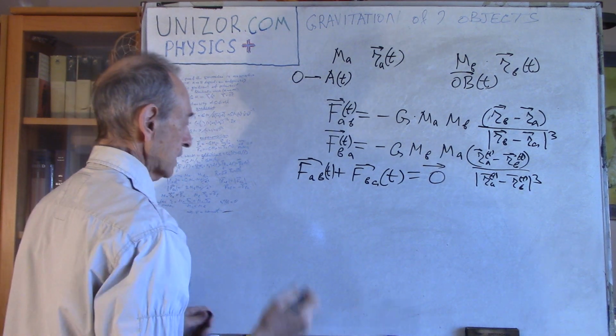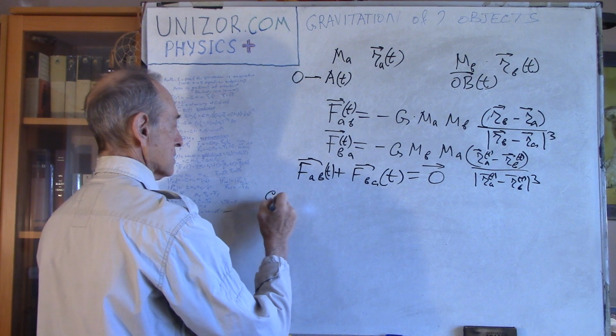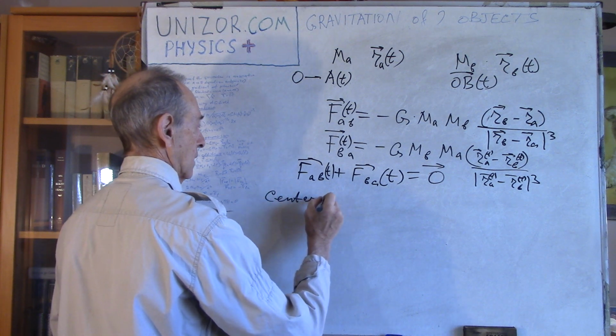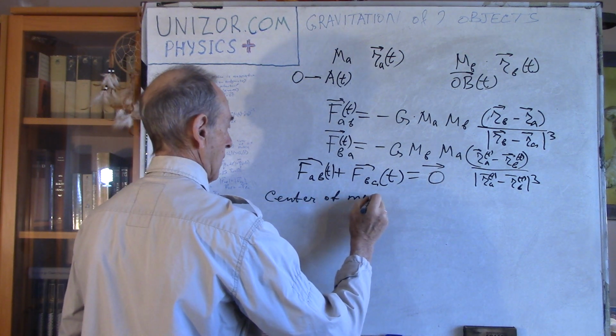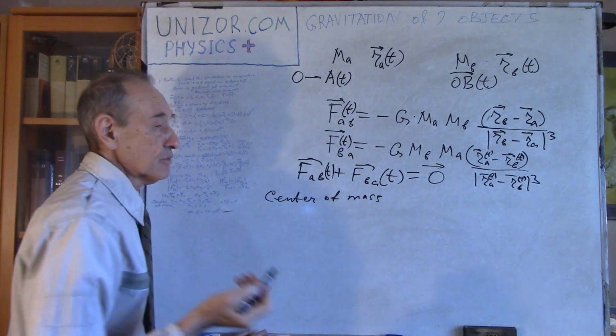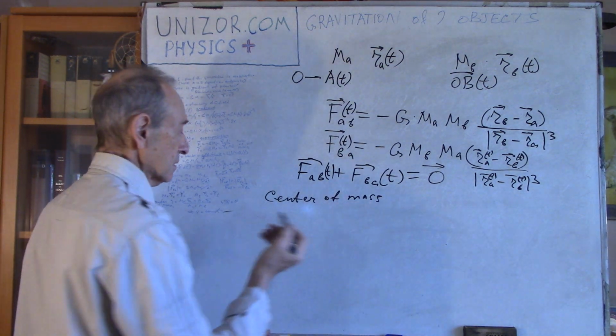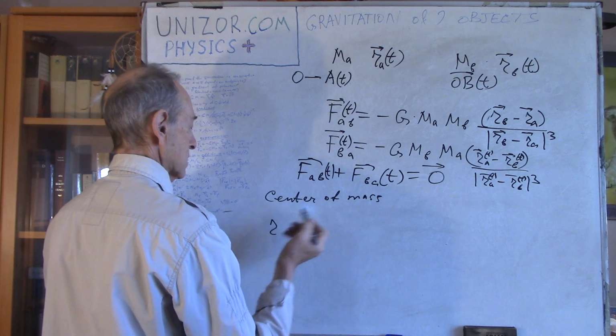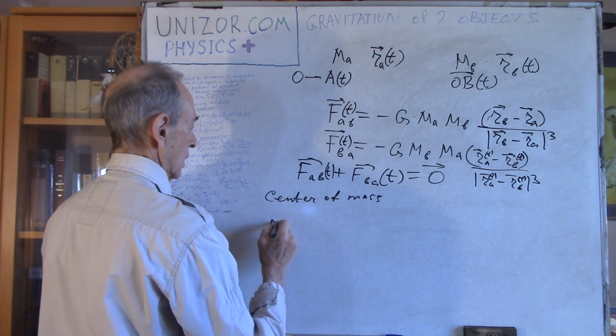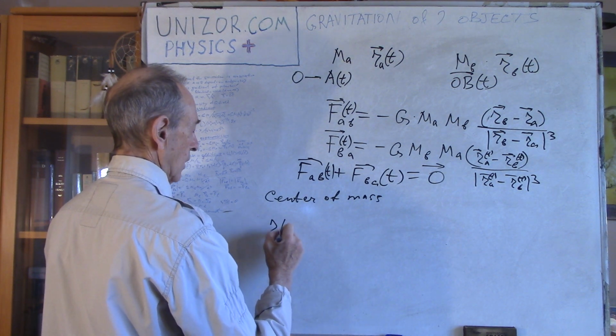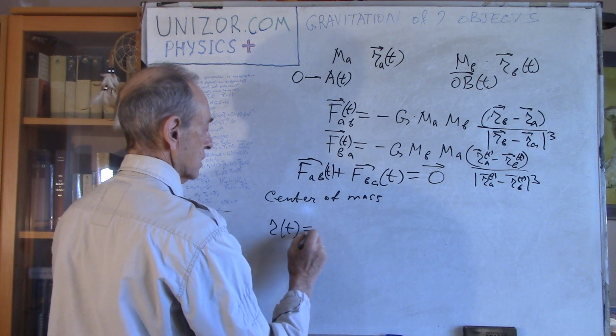Okay, now, what is the definition of a center of mass? Well, I'll just give you a definition of exact the point. Let's call it R of t, well, depending on t.